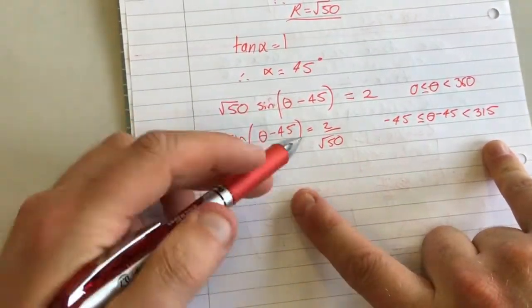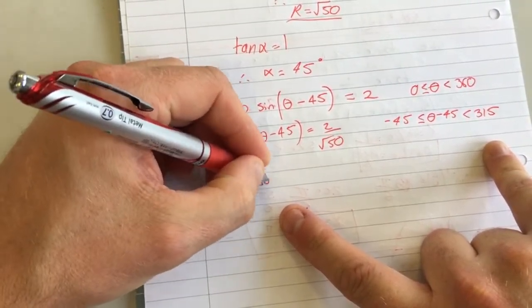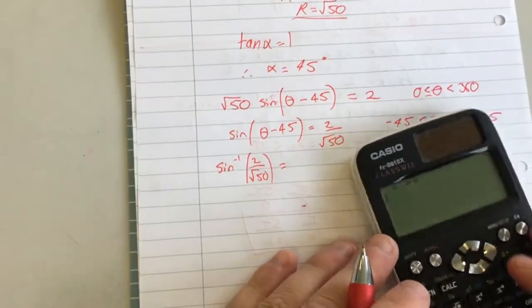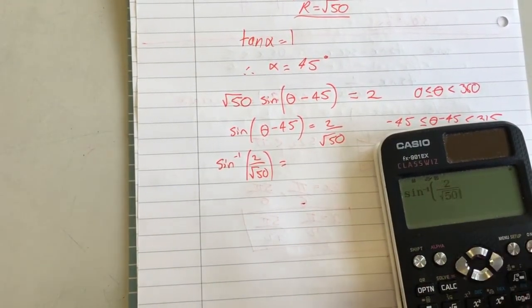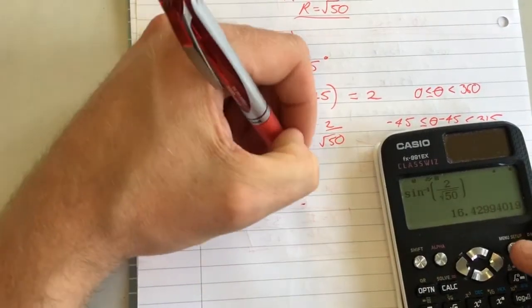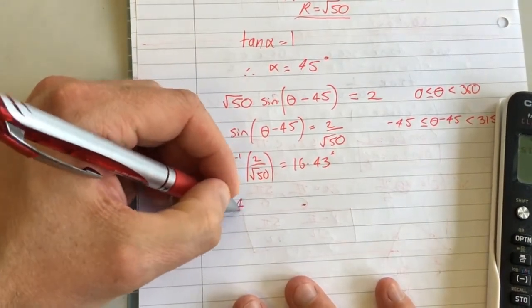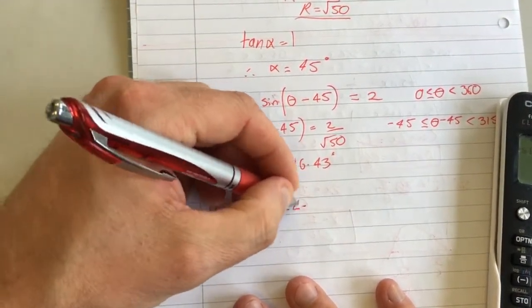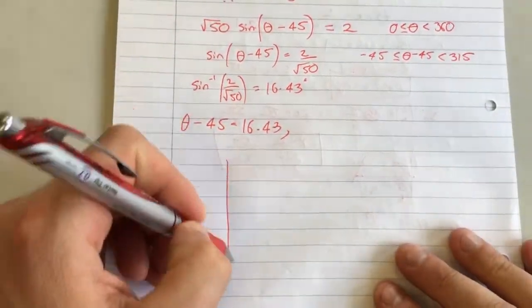Inverse sine both sides, so we get sine to the minus 1 of 2 over root 50, which gives us 16.43 degrees. So we know theta minus 45 is 16.43. Let's see if there's any other solutions.